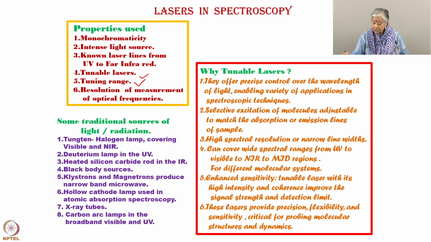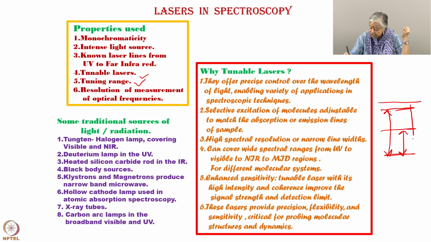So if you have this tunable laser, suppose I talk of an energy level like this for any material. It can be an electronic level, rotational level, or anything. So I need to know this difference in energy level. I need to know this difference. I need to know this. If there are some more, then I need to know this.